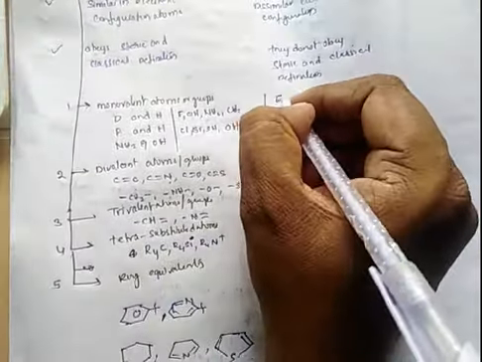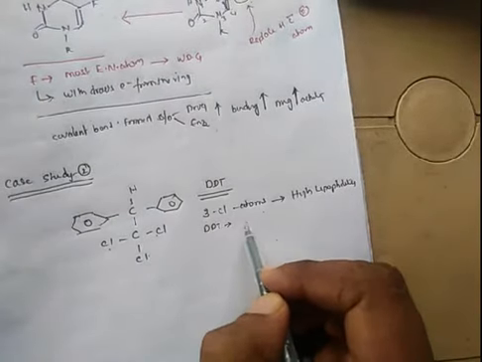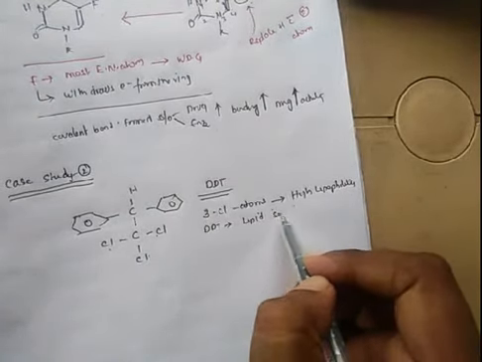The three chlorine atoms in this DDT impart high lipophilicity. As the lipophilicity is very high, DDT is a highly lipid soluble drug, as the chlorine atoms give high lipophilic character to this DDT molecule.